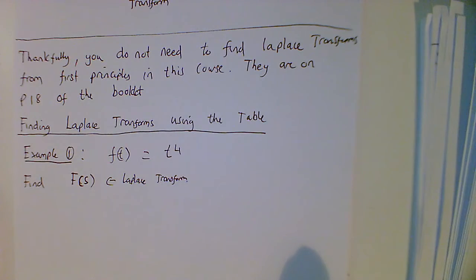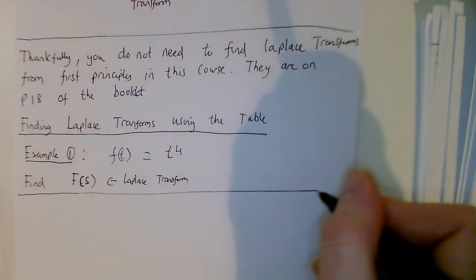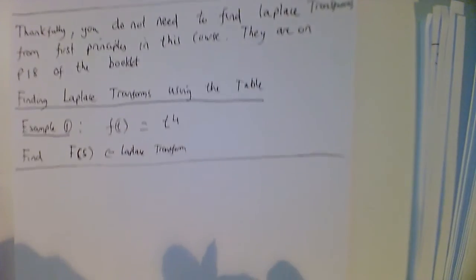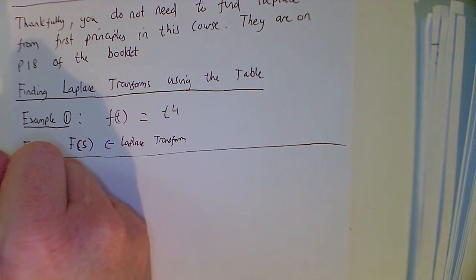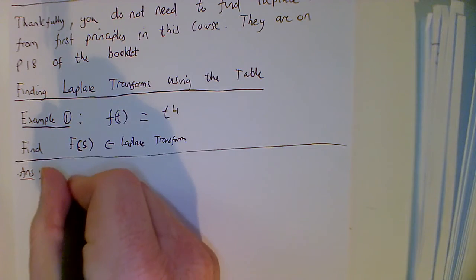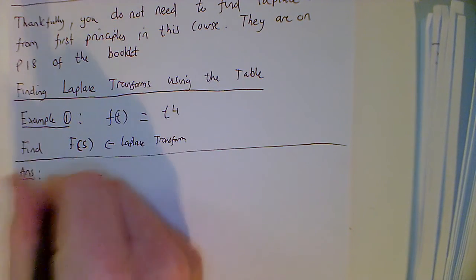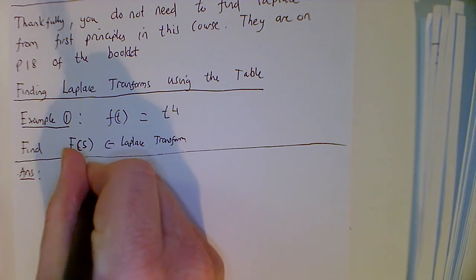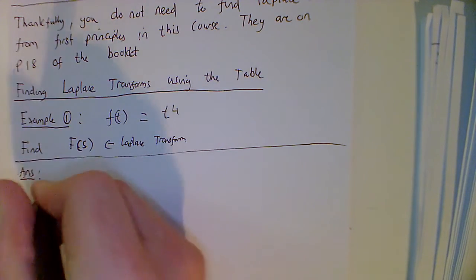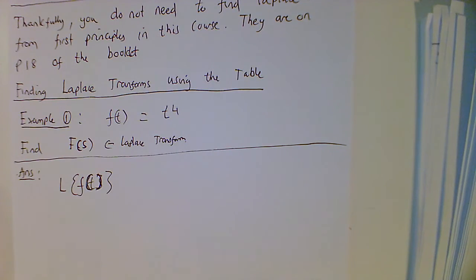Right, so all I'm going to do is get the answer. I start with my original function. Oh, sorry, that should be a normal bracket, not a curly bracket. Right, and I want to find the Laplace transform of f of t.